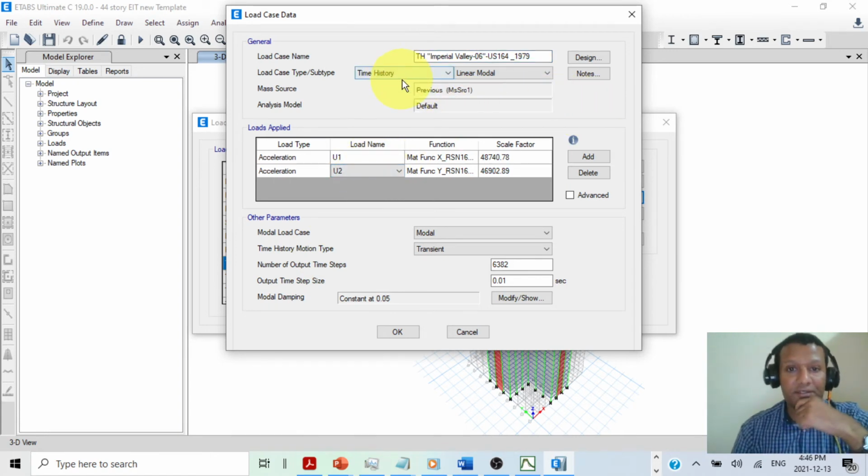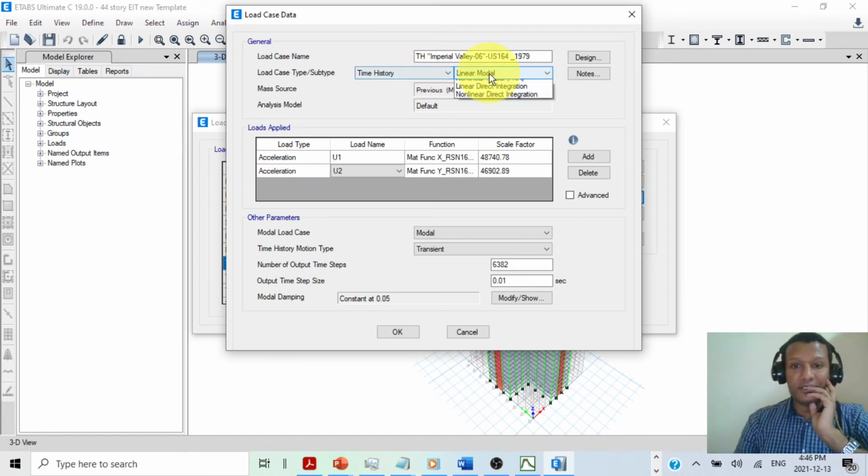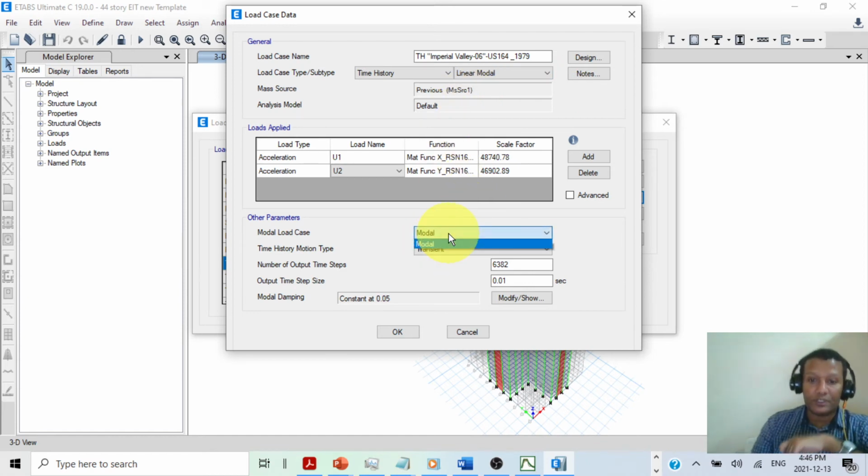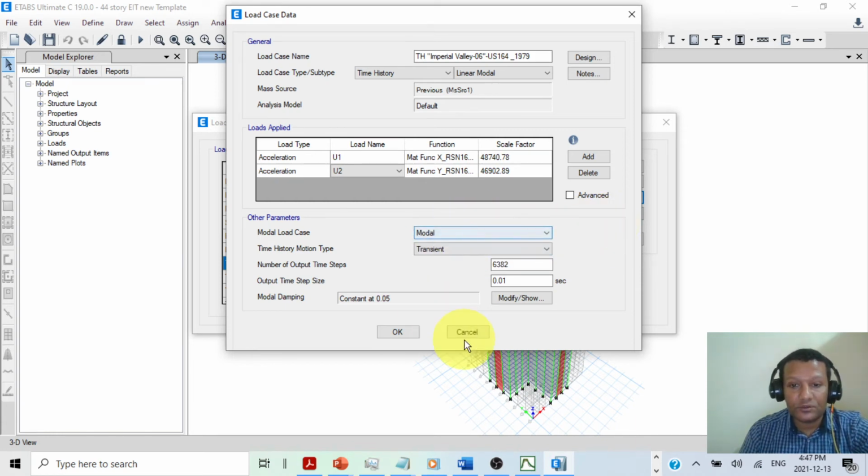The most important thing is the load type is time history, and as you can see, we have linear modal, nonlinear modal, fast nonlinear time analysis, and linear direct integration and nonlinear direct integration. For this case we are using linear modal. For linear modal, it is transient, not periodic, so we use that.